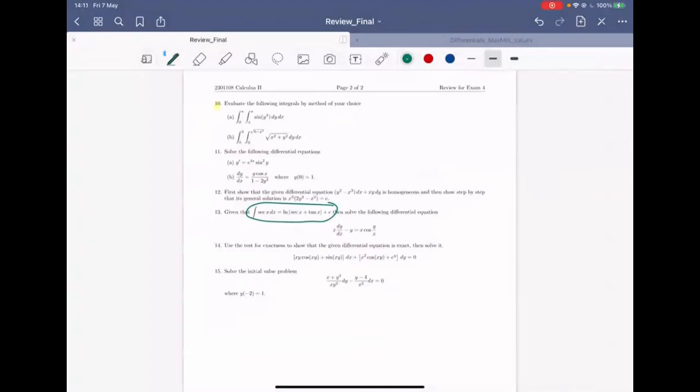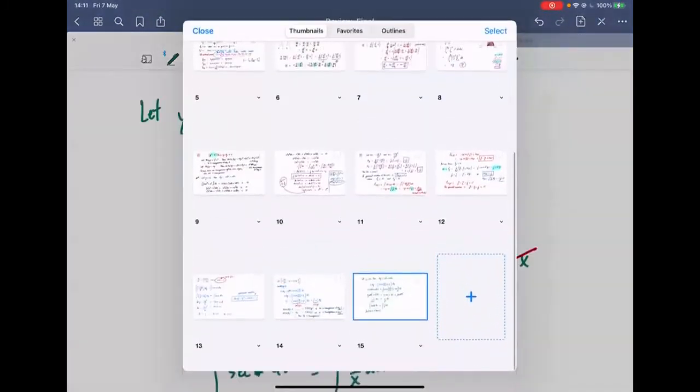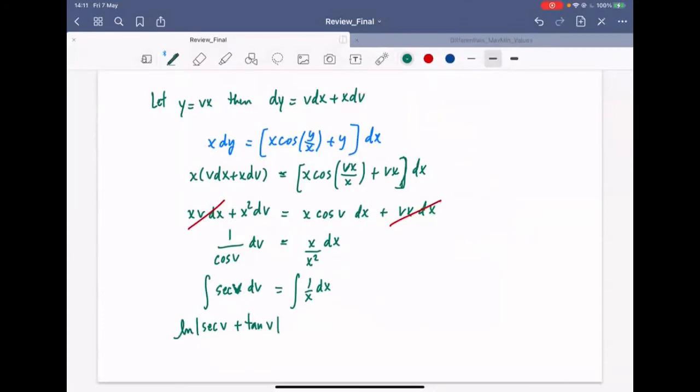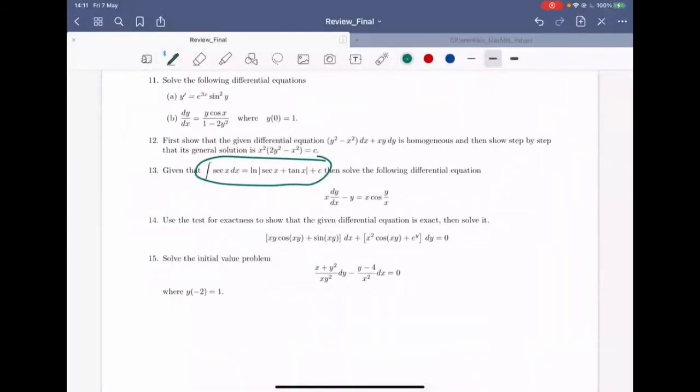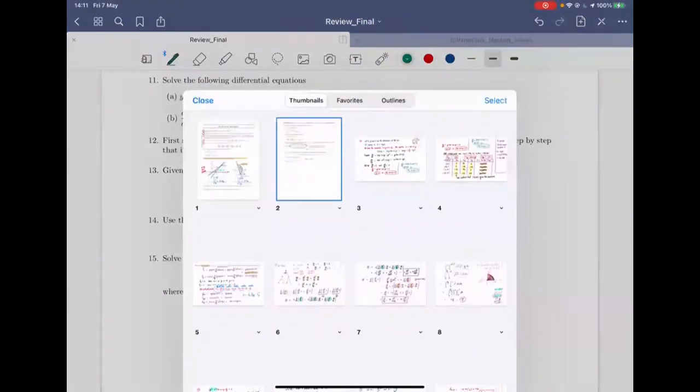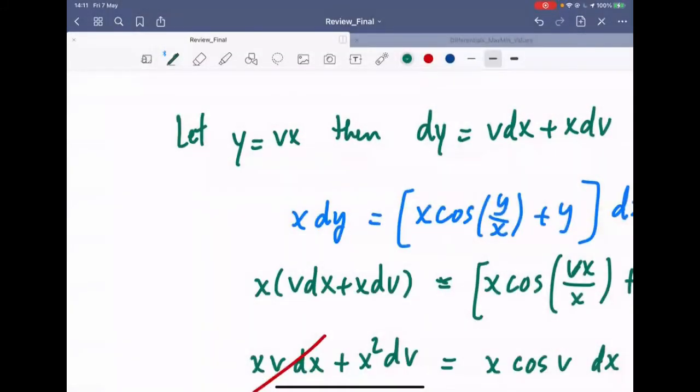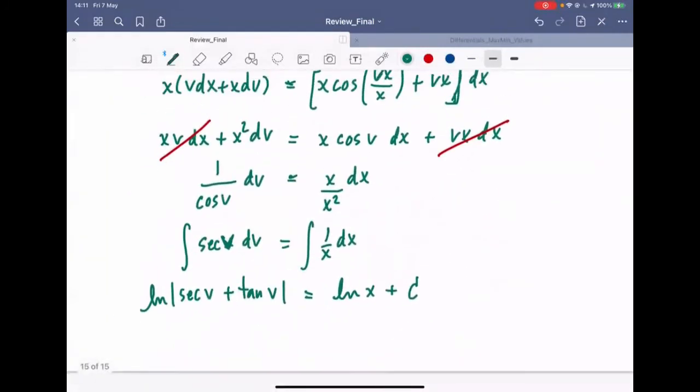Then after that, integrate 1 over x. What do you get? Log x, plus c. This is a general solution. Is that the answer? Just that? Yeah, that's it. It just asks you to solve the differential equation. However, if you leave the answer in this form, you still need one more step.